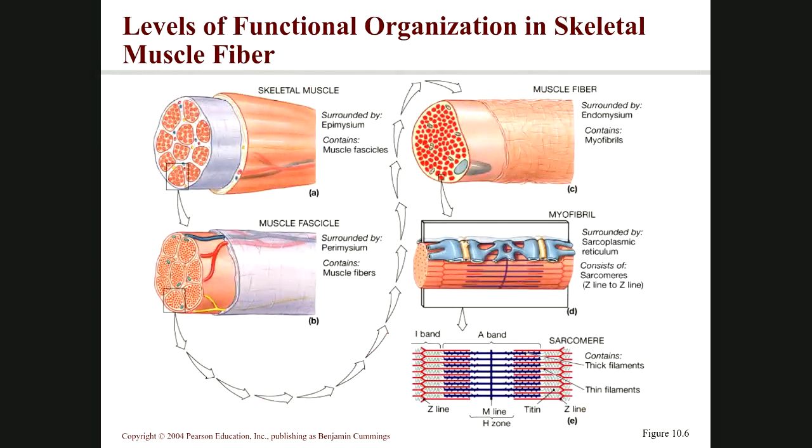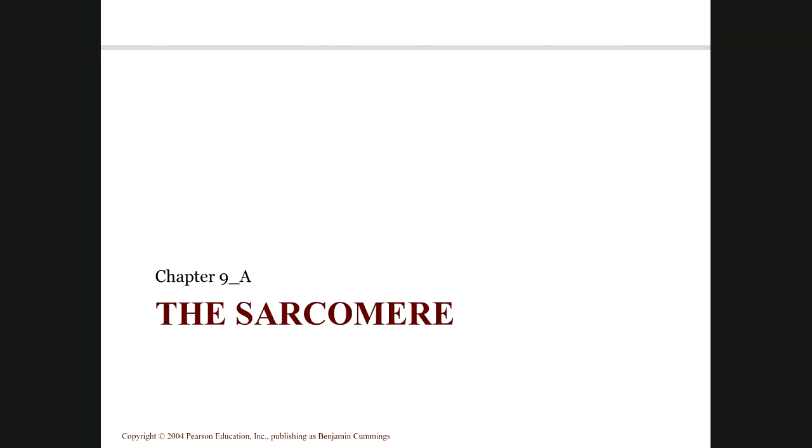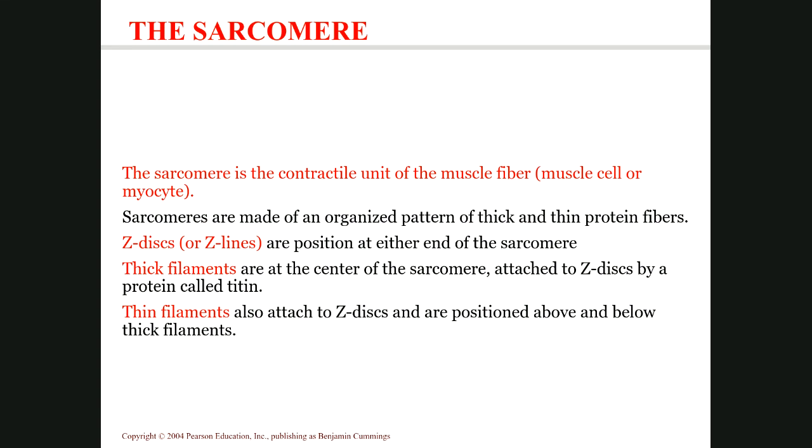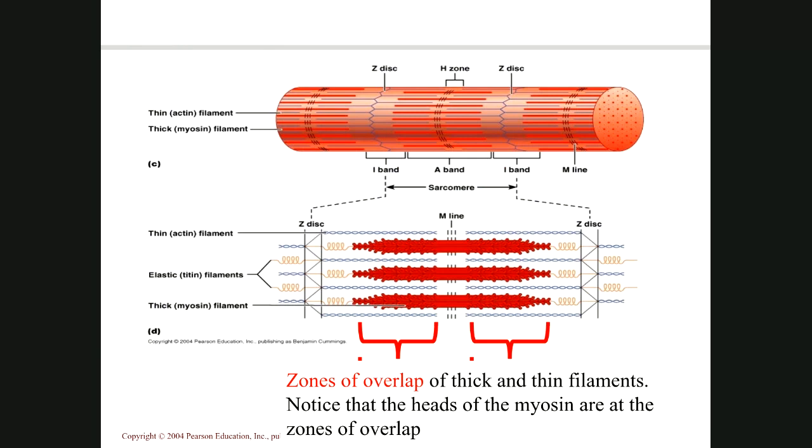Okay, so let's talk a little bit more about the sarcomere, and you definitely have to understand what the sarcomere is all about. So the sarcomere, you definitely need to know this, is the contractile unit of the muscle fiber. So if you're trying to understand muscle contraction, you must understand how the sarcomere contracts. Okay, and you should definitely know and be prepared to identify the parts of a sarcomere.